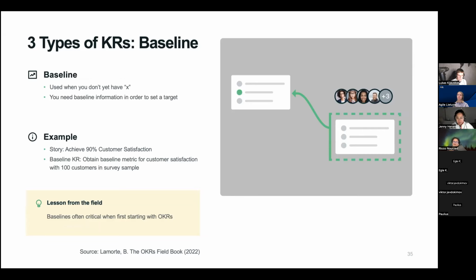And the second is baseline. Oftentimes teams will ask me, but Jenny, we don't know what this could possibly be because we don't have it yet. And I'm like, cool, then why don't you set a baseline key result? You go from 0 to some number. A good example is, we want to improve our customer satisfaction.